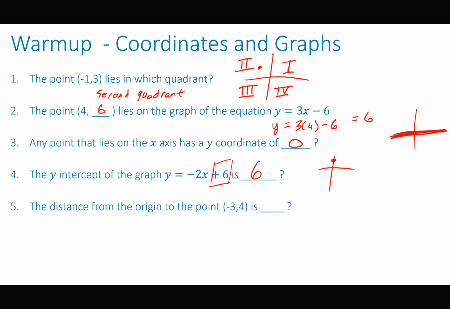Okay, and then number 5, the distance from the origin. If we have a coordinate axis and the point -3, 4, I go over -3, go up 4. What is that distance?